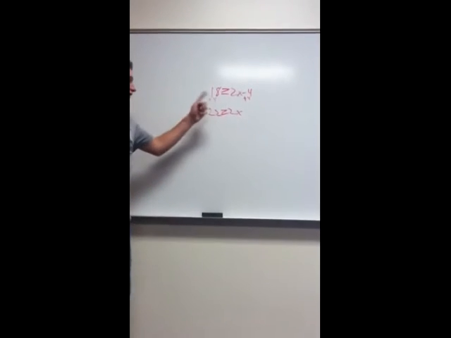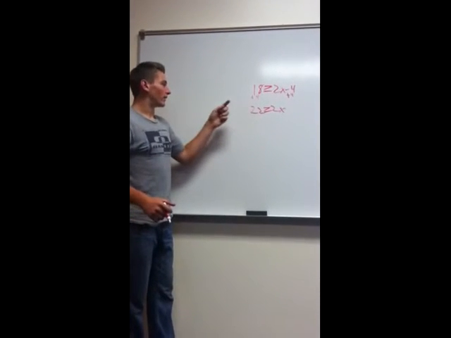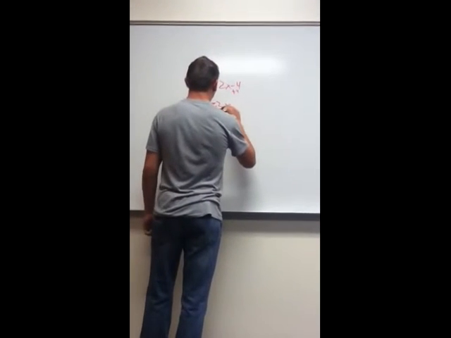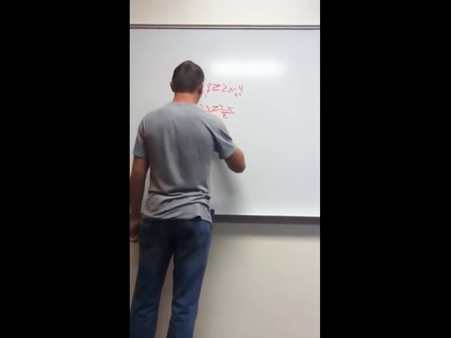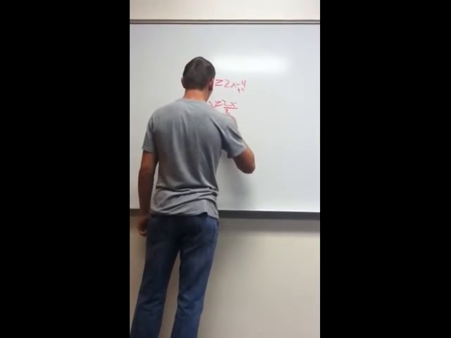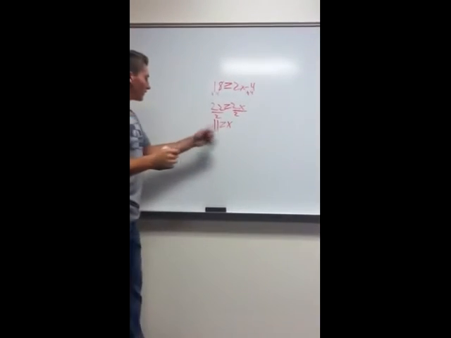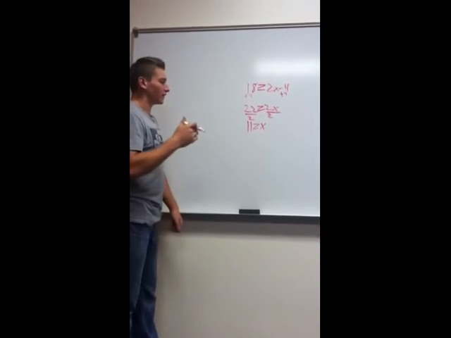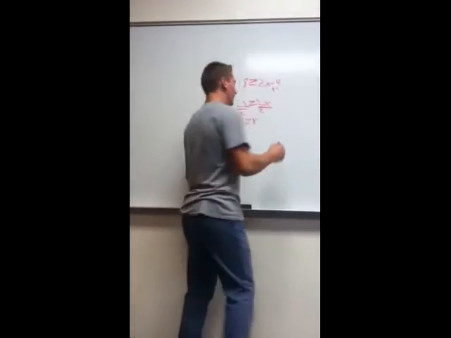With that, you still need to get x by itself. So you need to divide by 2, and then divide by 2 on this side also. That gives you 11 is greater than or equal to x. You can leave that the same, or you can flip it around and have x is less than or equal to 11, but it's the same thing.